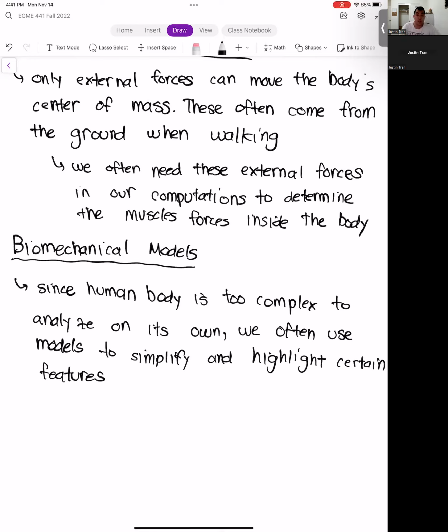Okay. And in particular, for walking and running, we talked about two, I would say, very elegant models that can be used to model a lot of their interesting behaviors.